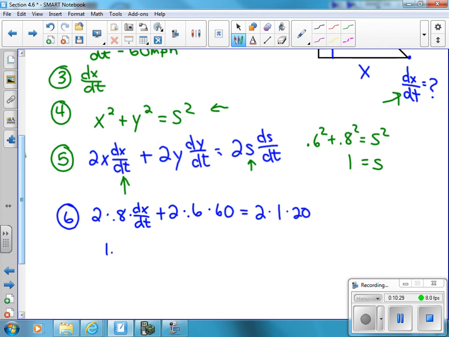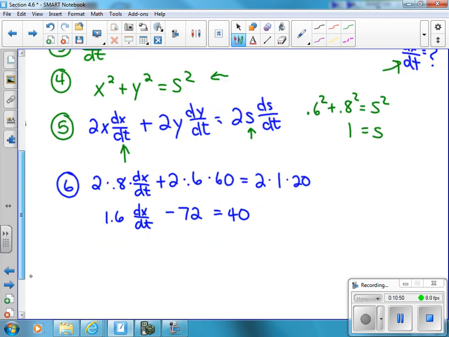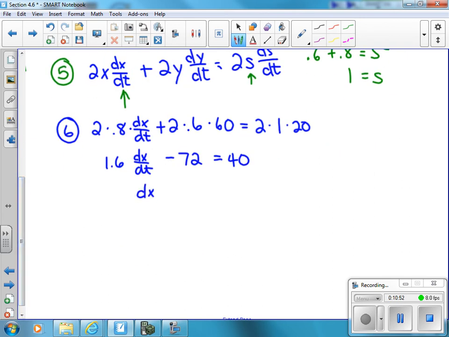So here we have 1.6 dx/dt. Let's do a little fancy math. 2 times 0.6 times 60 minus 72 equals 40. Okay, so if we solve this equation, we should get dx/dt.